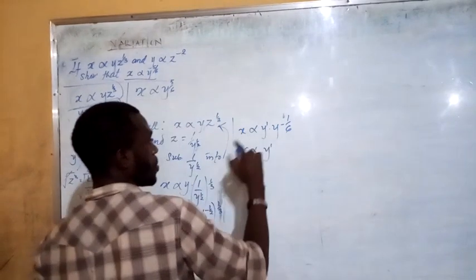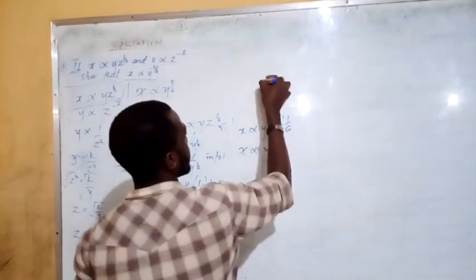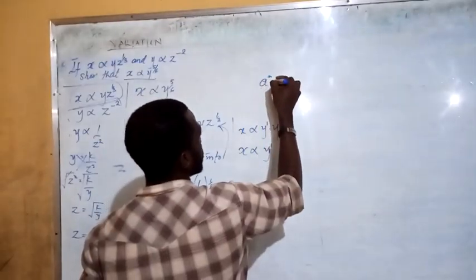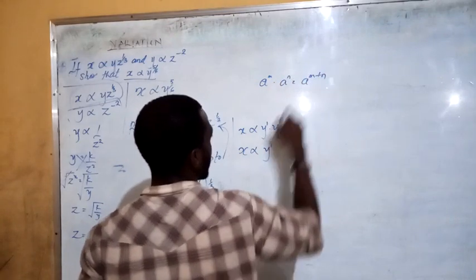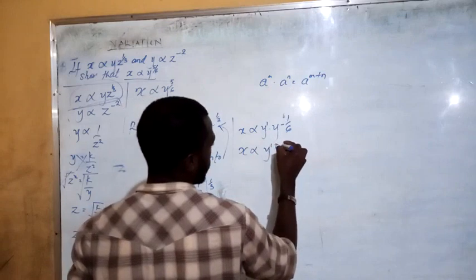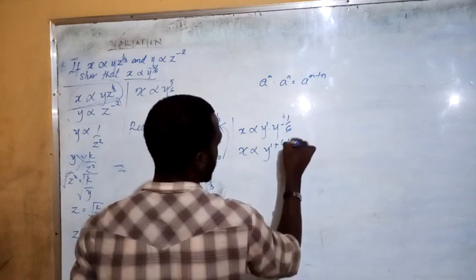Remember the law of indices, that if we have a raised to the power m times a raised to the power n, we get a raised to the power m plus n. The same way here, we say 1 plus minus 1 over 6.